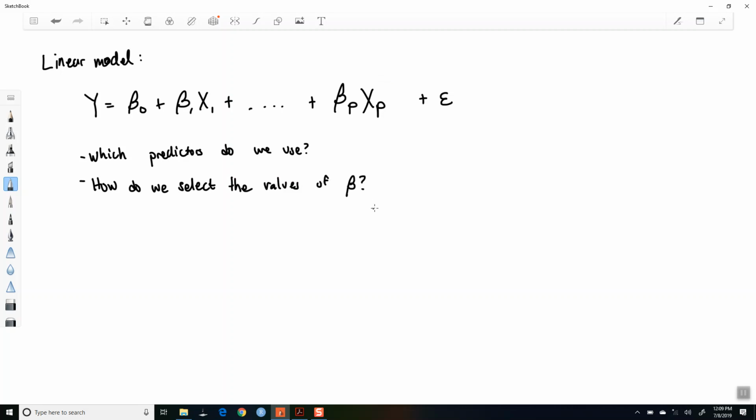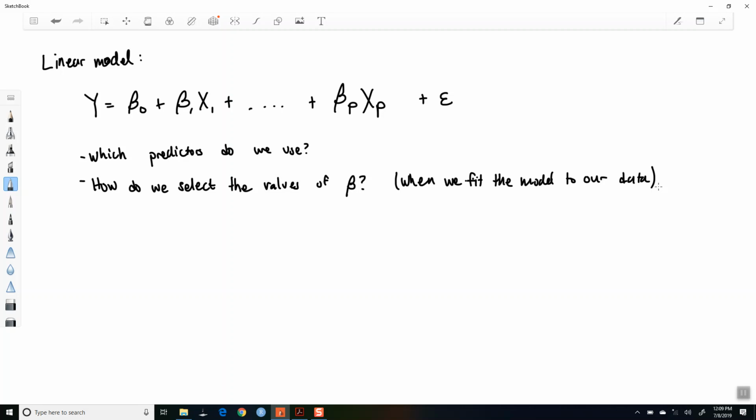When we fit the model to our data, we're basically saying, here's my model, and I have to figure out what values of beta to use.